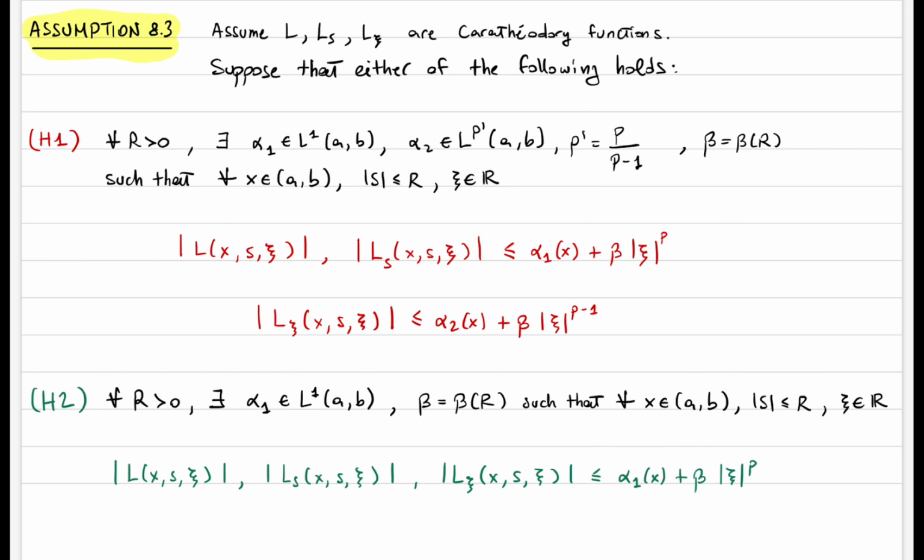And beta, a constant which depends on R. So for every R, you must have these three: alpha 1, alpha 2, and beta.